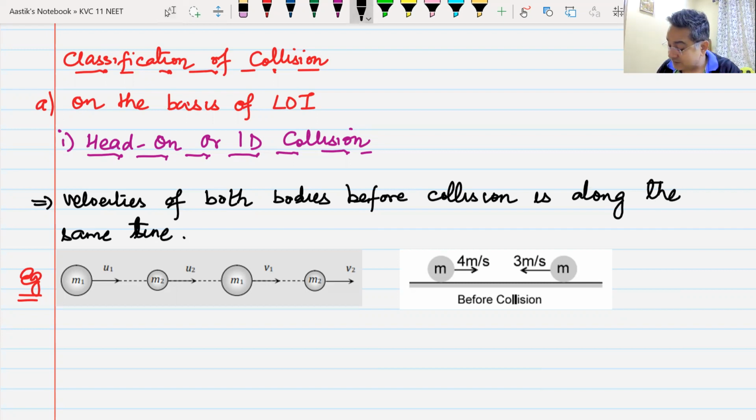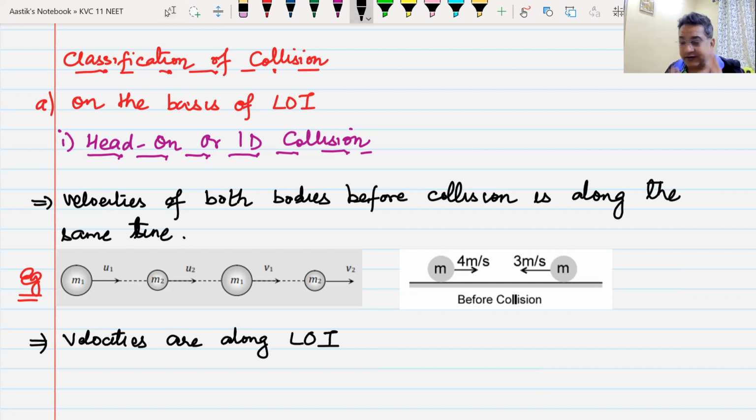Now remember, velocities are along the line of impact. So you can see both the velocities are along the line of impact. Such collision is known as a 1D collision or a head-on collision.